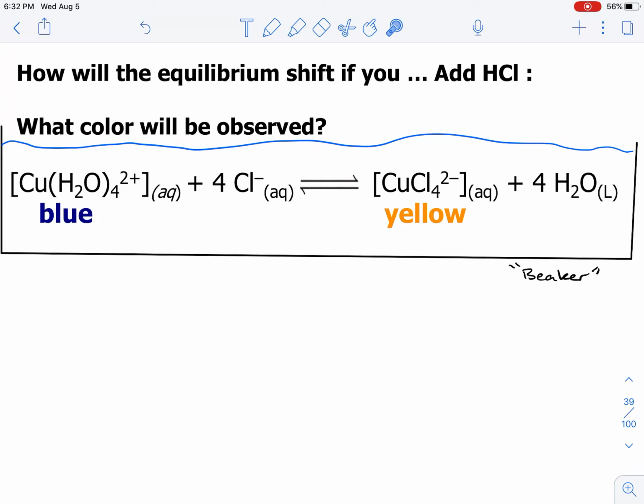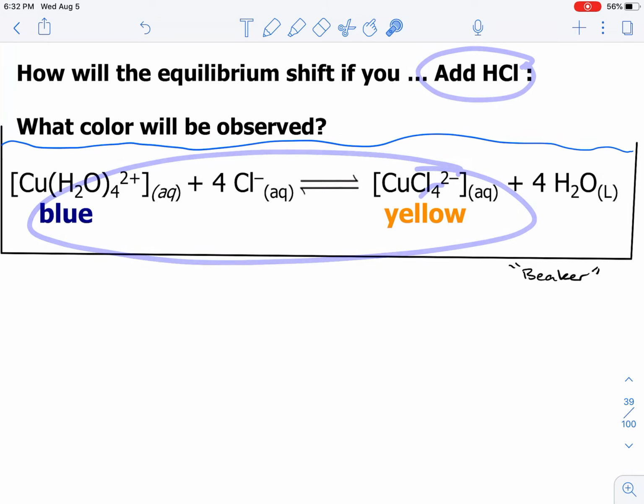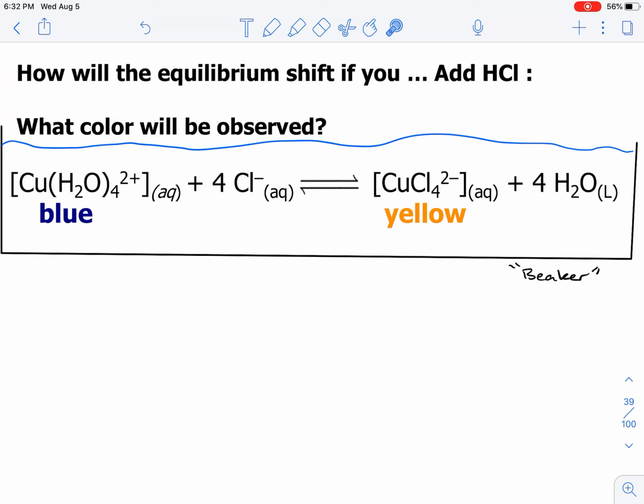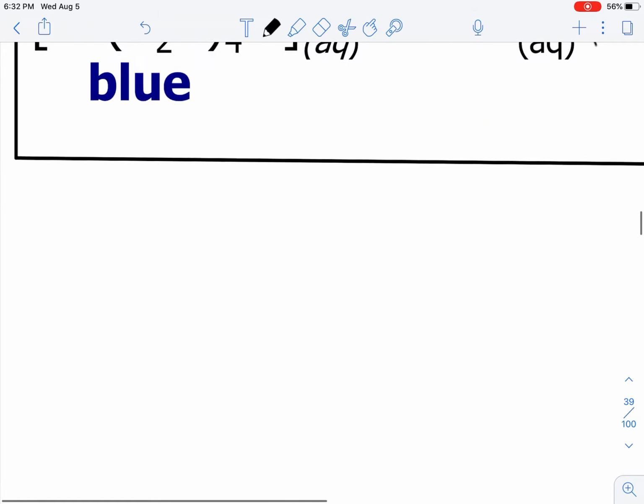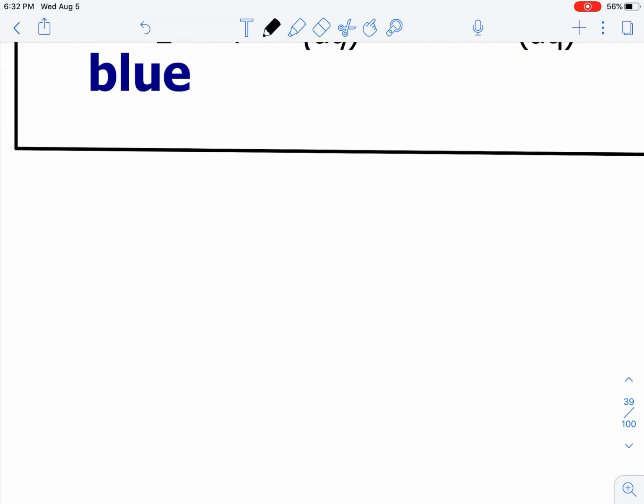And so what if you add hydrochloric acid to the system? How does adding hydrochloric acid to the system affect the equilibrium, and what color will be observed? I'm going to write a couple things here.